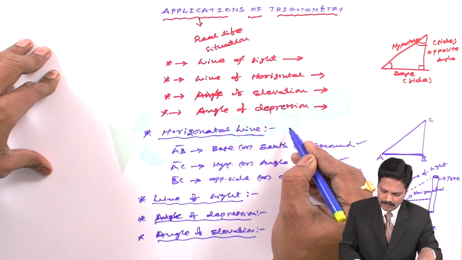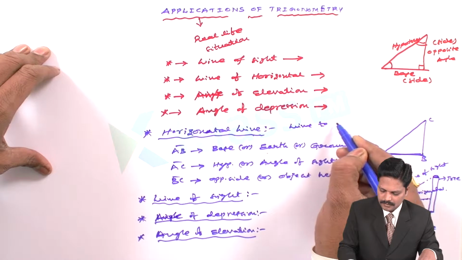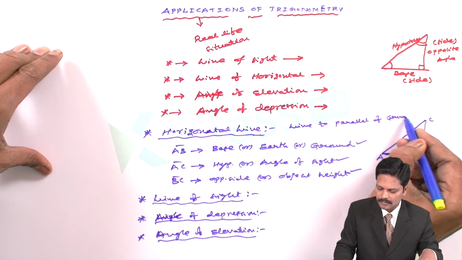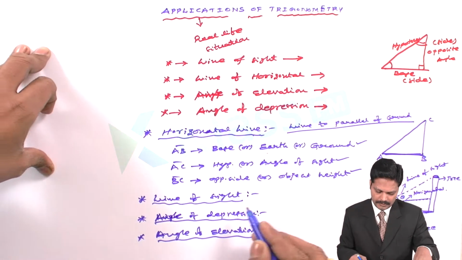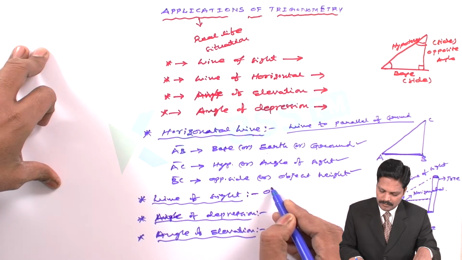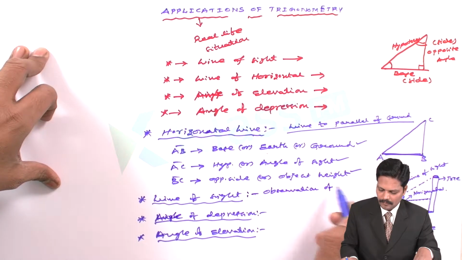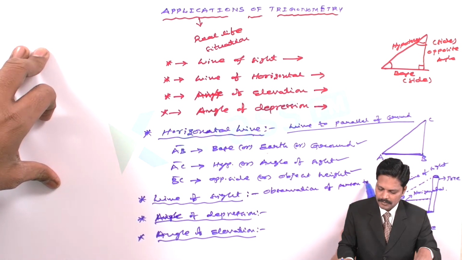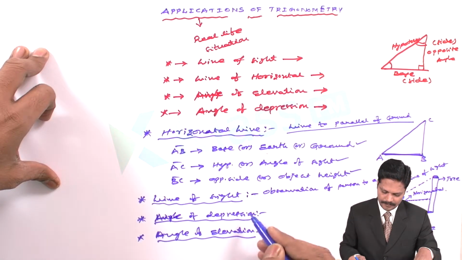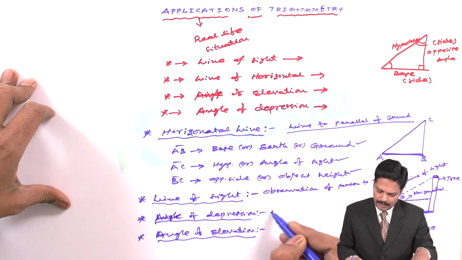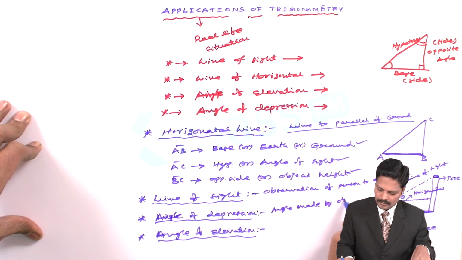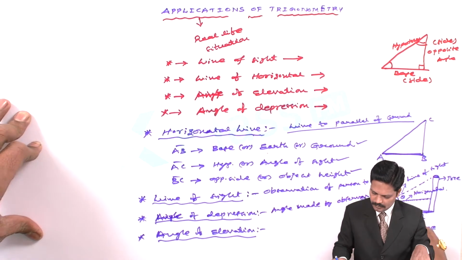I'm giving here a line parallel to the ground. It is the horizontal line. Line of sight: we are having observation of a person to a place or a point. Angle of depression: angle made by the observer.